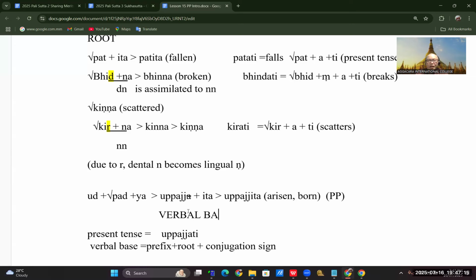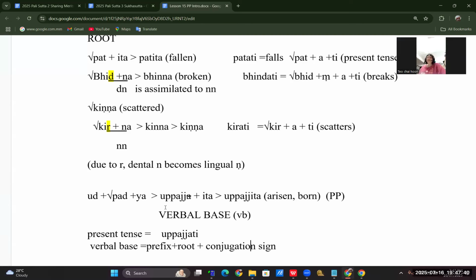Verbal base plus ita gives you upajjita, 'arisen' or 'born'. So this is a PP, PP means past participle. So sometimes you add it to the root, sometimes you add it to the base. Sometimes we use the abbreviation VB to show it's a verbal base.